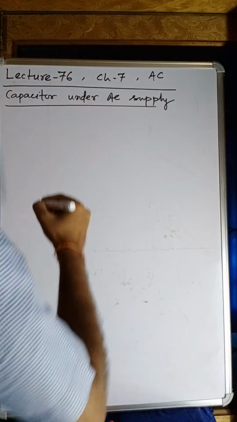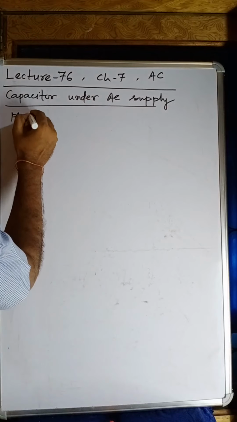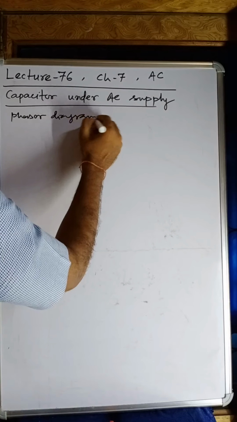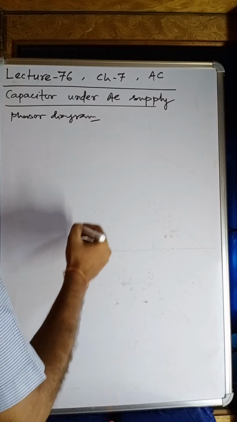So the phasor diagram, you can draw by yourself. Which one is leading here, current or voltage? Yes, current is leading in the capacitive circuit.